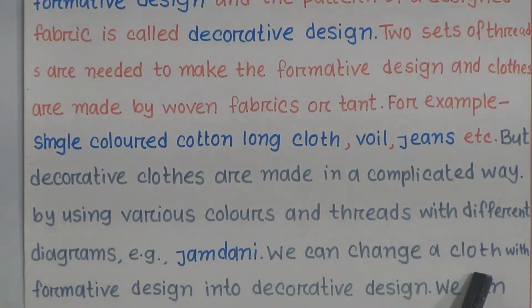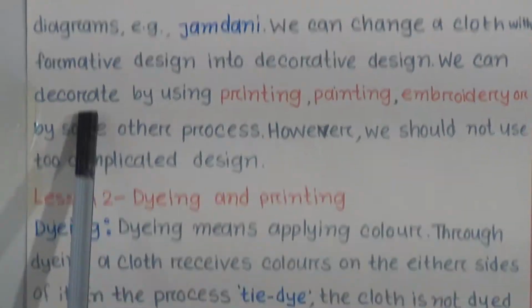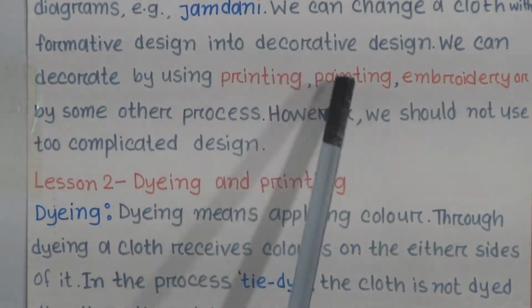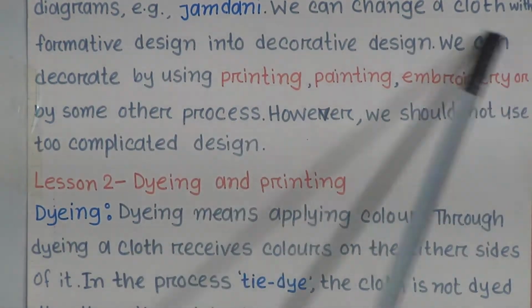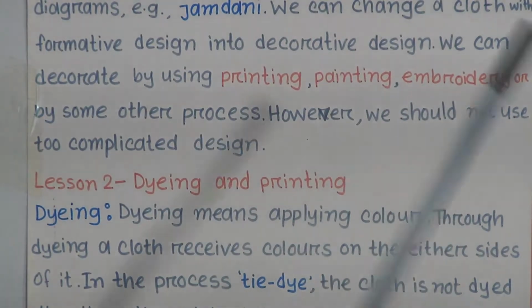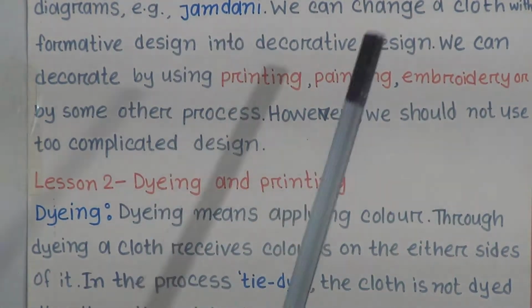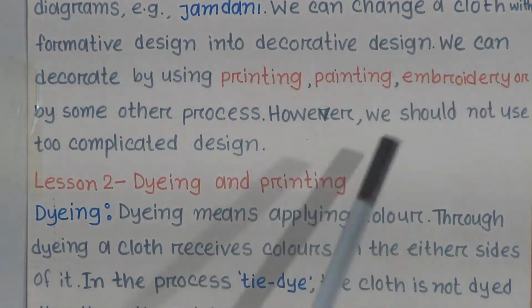We can change a cloth with formative design into decorative design. We can decorate by using printing, painting, embroidery or by some other process. So how can we make a simple or formative design into decorative? By using printing, painting, embroidery or some other process.